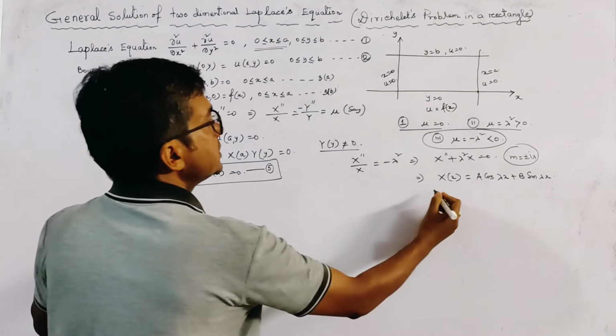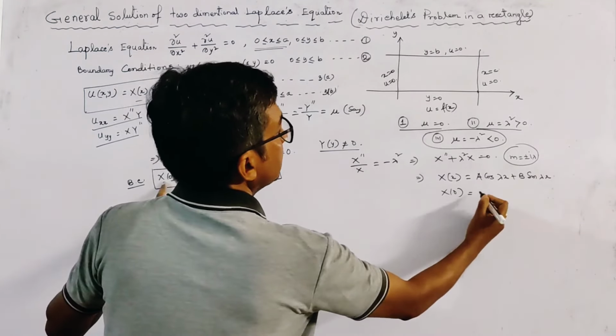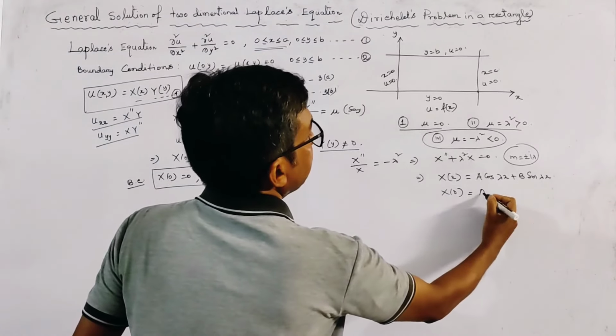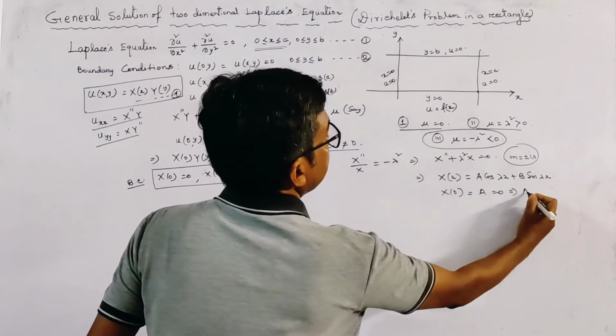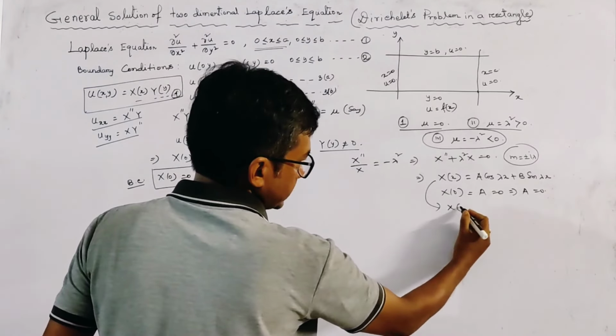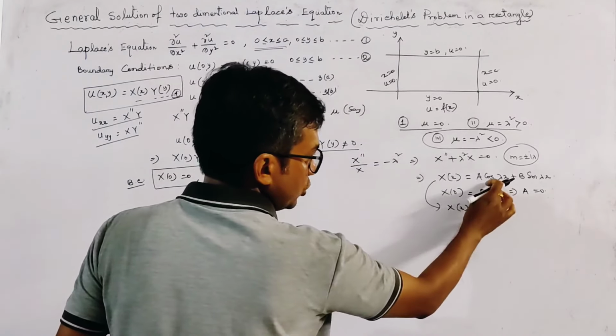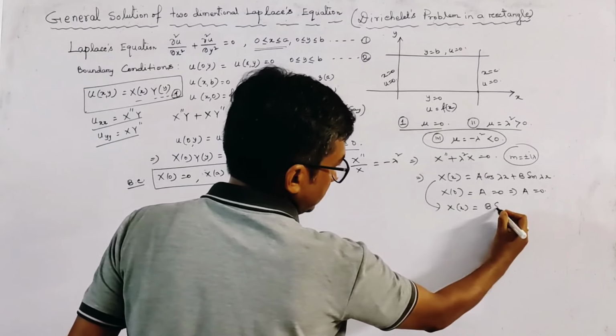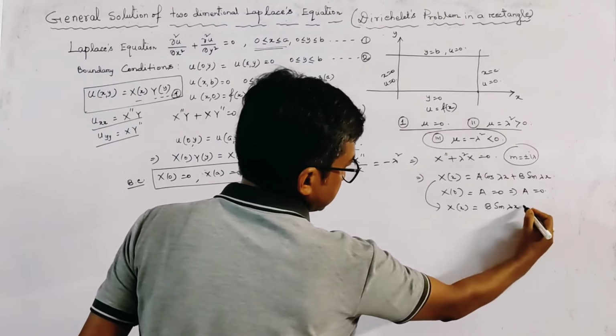Now we put the boundary conditions. We first put x equal to 0, and we get A equal to 0. Then X(x) becomes B sin(λx).